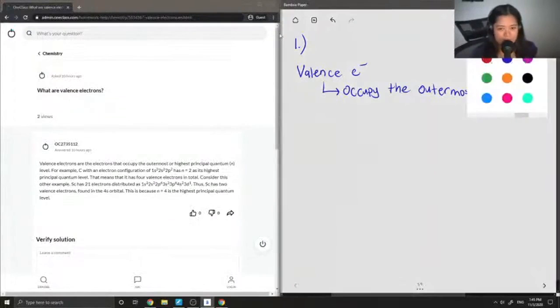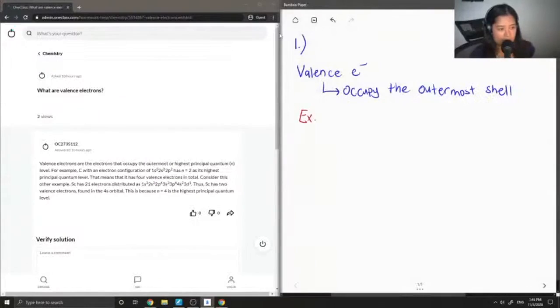I'm just going to have an example to draw out valence electrons. So let's say we have sodium. If you find sodium on the periodic table, it has an atomic number of 11.